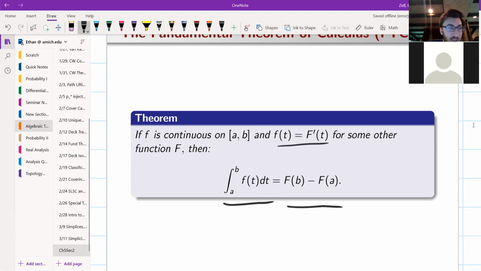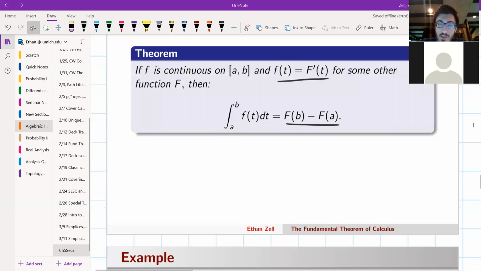One is, in some sense, the instantaneous rate of change of the other. And then you're asked to find how much this little function gathers as its area under the curve, counted with sign. And it turns out that all that technology can really just be reduced to looking at the difference of 2 values, which is a little bit surprising. So this is a pretty powerful tool, and we'll do our best to work with it.